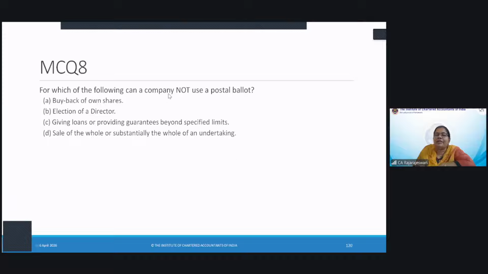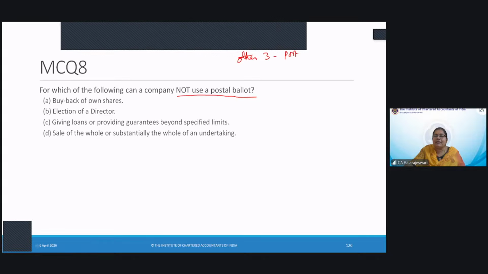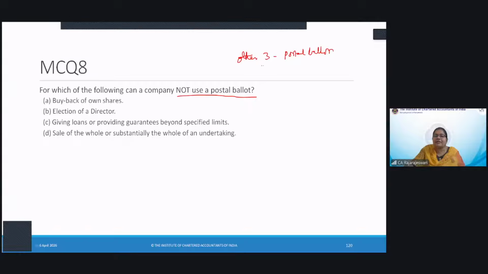For which of the following can a company not use a postal ballot? Not use a postal ballot. This postal ballot is not applicable. The other three, for the other three, postal ballot. For this particular answer, no postal ballot.